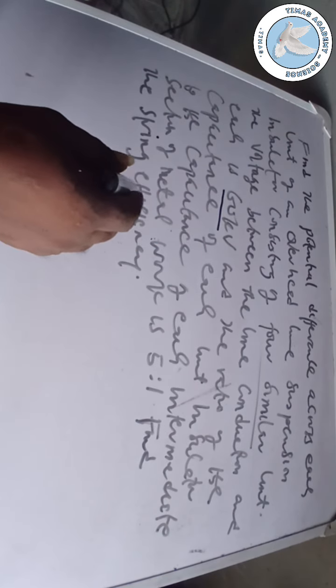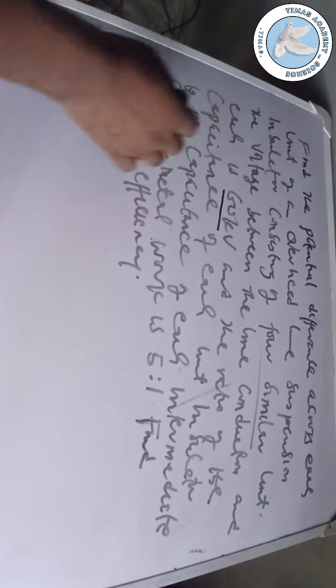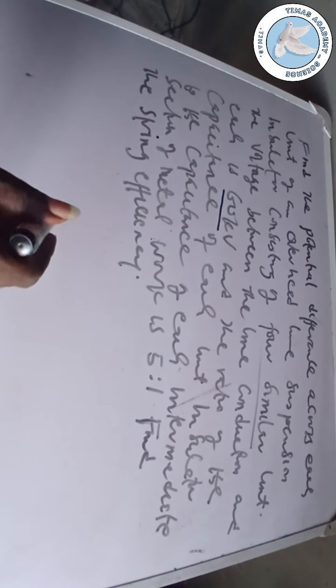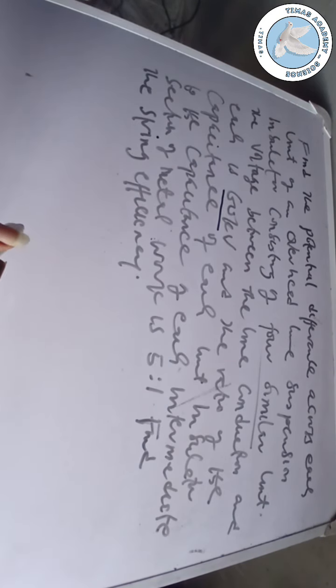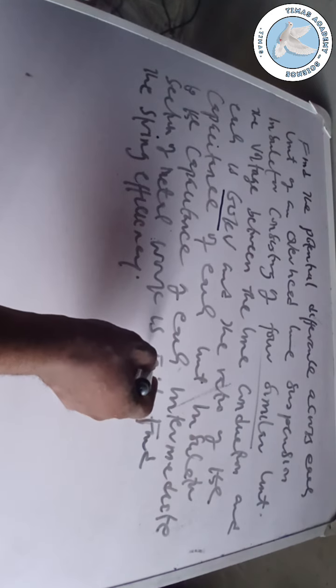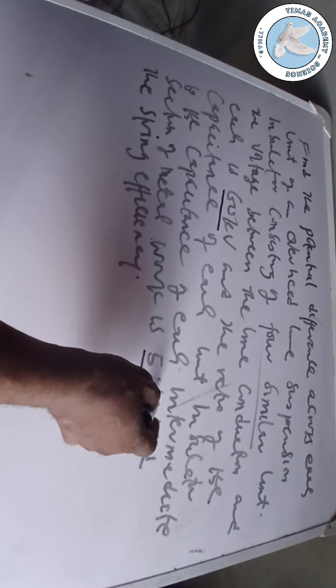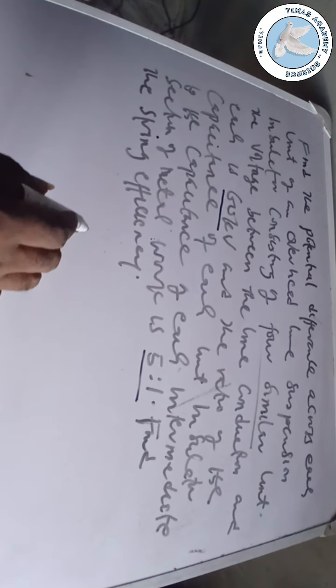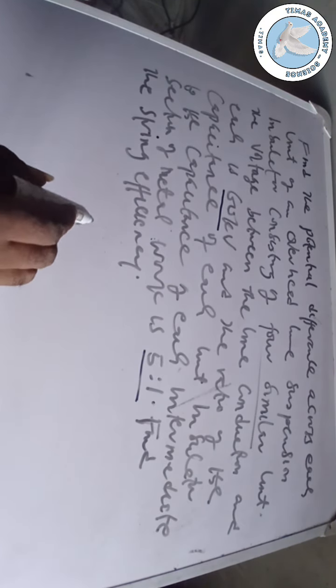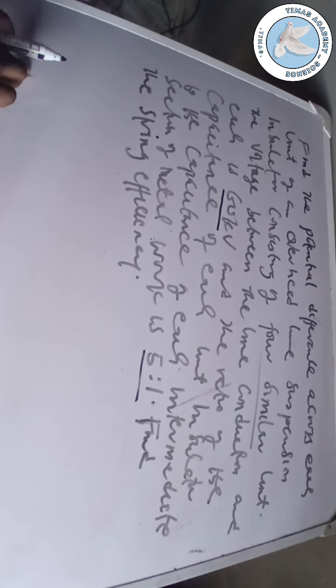We also have that the ratio of the capacitance of each unit insulator to the capacitance of each intermediate section of the metal is 5:1. We are also asked to find the efficiency of the string.